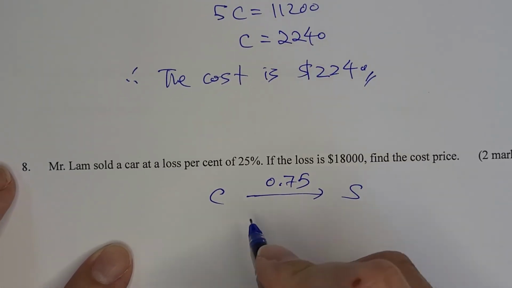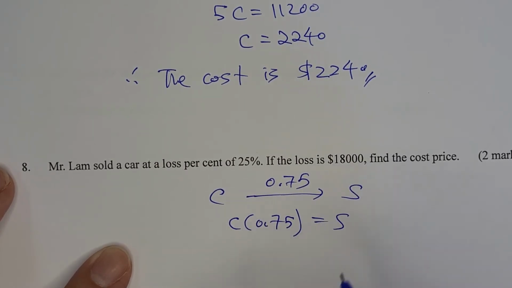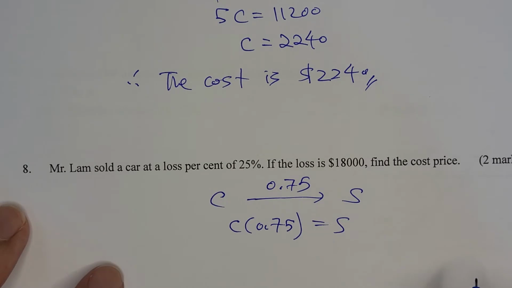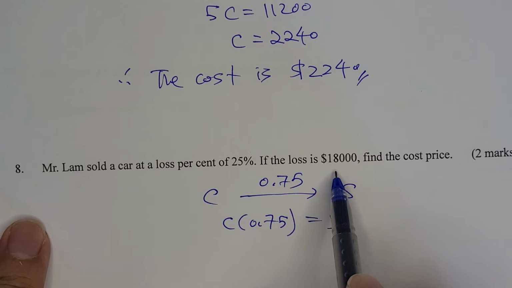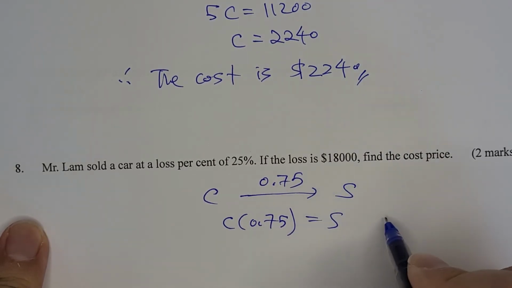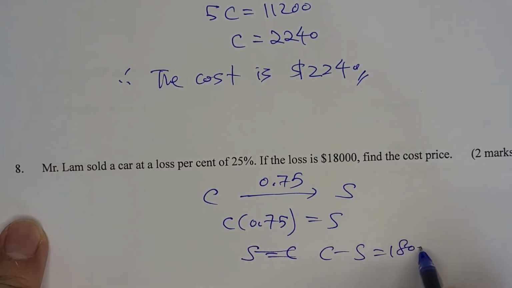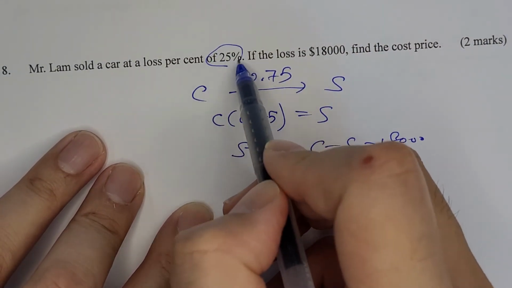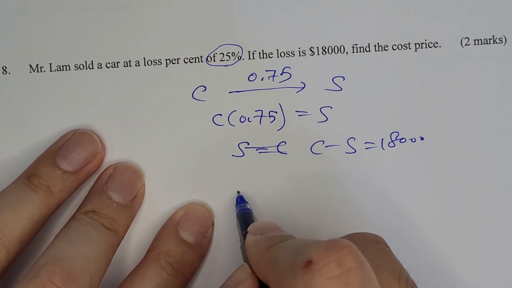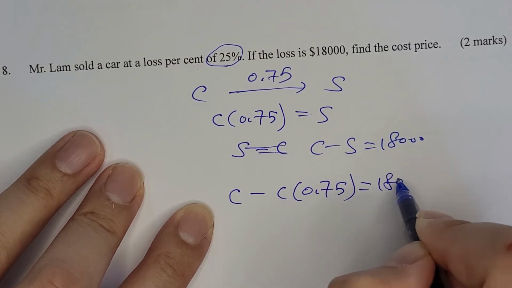Originally you will have C times 0.75 equals S, but the key point is the loss is 1800. So you know that the cost minus the selling price will be 1800. So when you just look at this one, that is the loss. So C minus C times 0.75 is 1800.